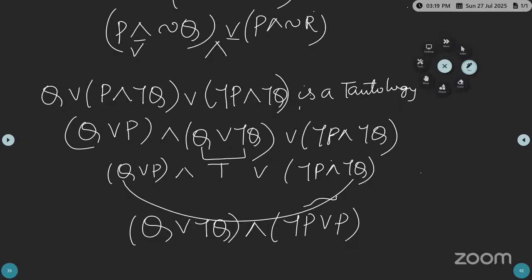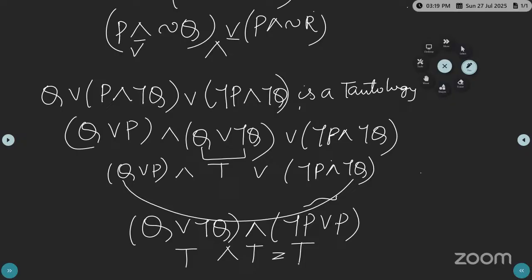Q or negation P. Malli same question vastundi. You try repeating that one, you will get the same question. So here you are getting Q or negation Q and negation P or P. Right? Q or negation Q is true and P or negation P is true. So true and true is true. That's all. Is that clear?